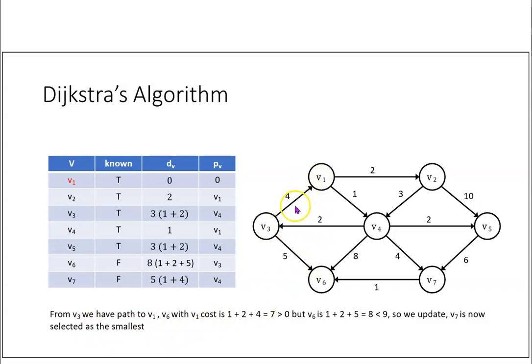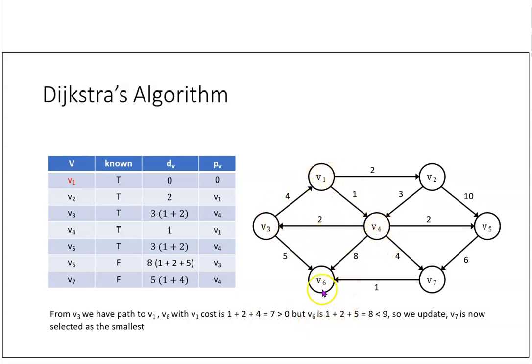With V1, the cost is 1 plus 2 plus 4 equals 7, right? Well, 0 is less than it, so we're going to leave V1 alone. V6, on the other hand, is different.